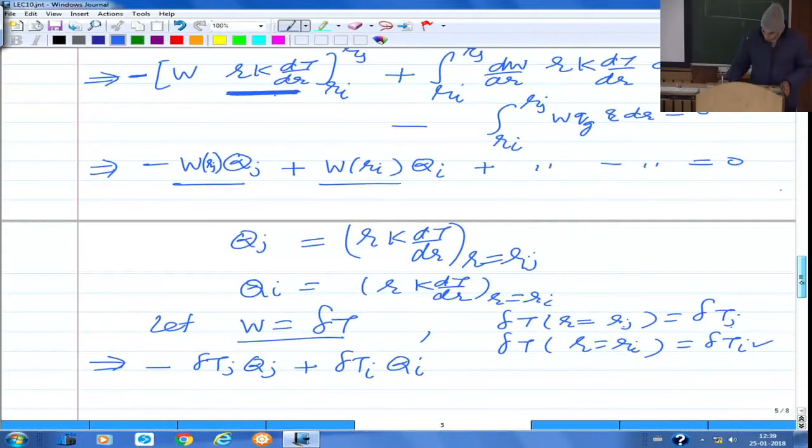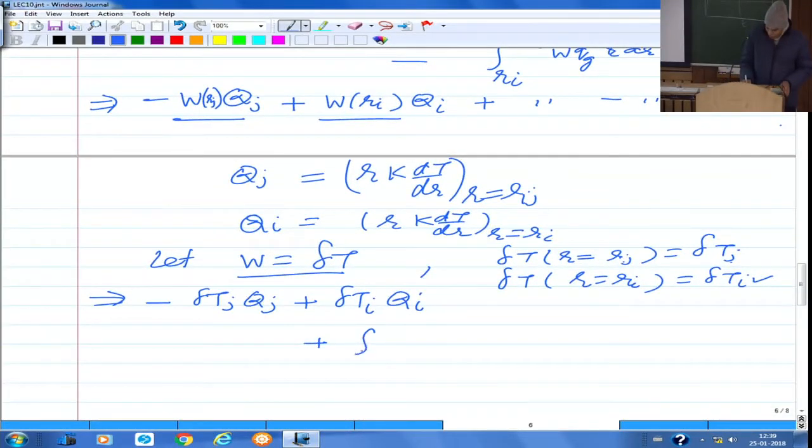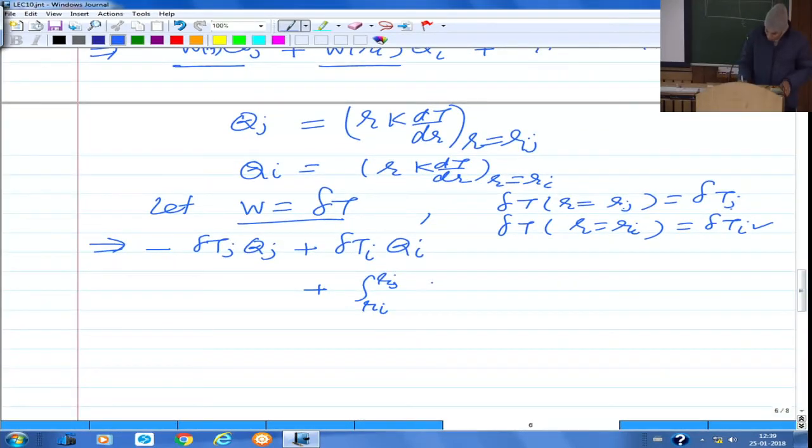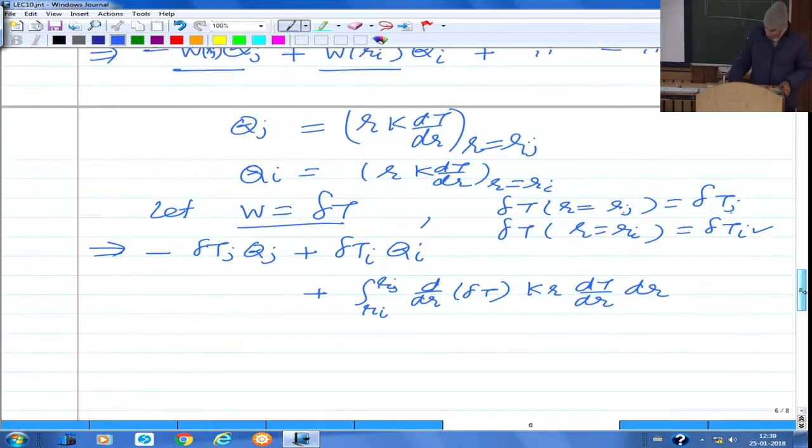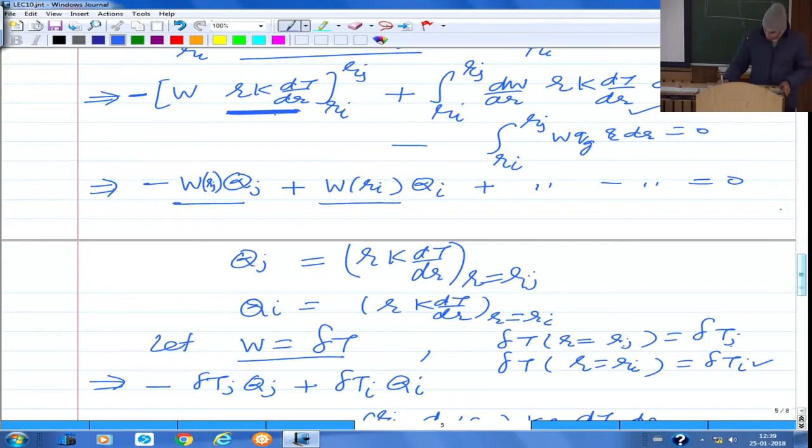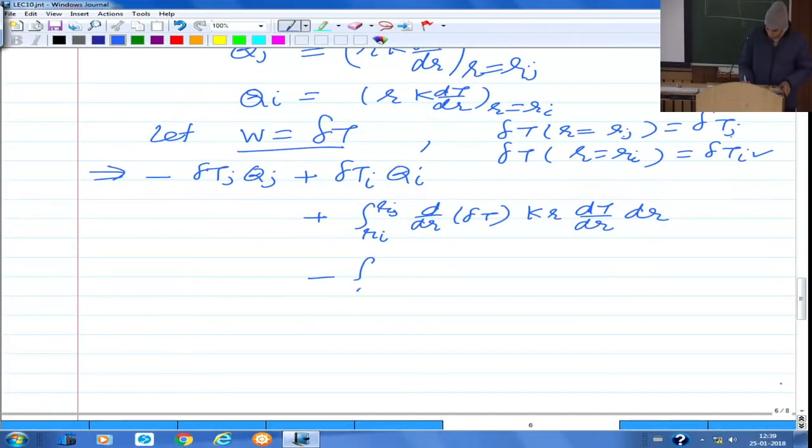So the integral term is plus integration from Ri to Rj, and the derivative, so that is d by dr of delta T. That is the first term we have, because in place of W I am writing delta T. The second term is Kr, of course, into dT by dr dr. And the last term, of course, remains minus integral Ri to Rj, delta T into R dr into Qz.